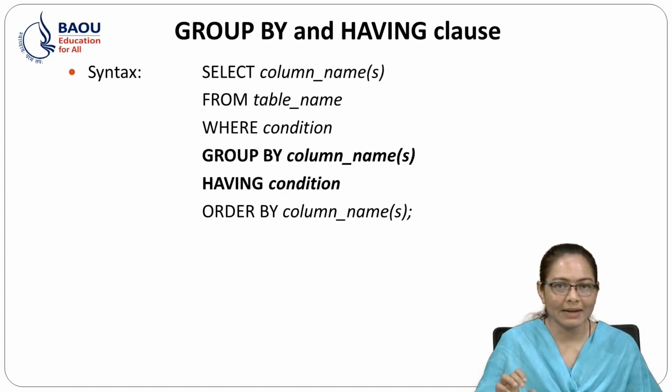The group by and having are used together. If you don't give a condition on the group by, then you can also use group by individually. If you use particular groups only, then the having condition is used. Then the order by with the column names.